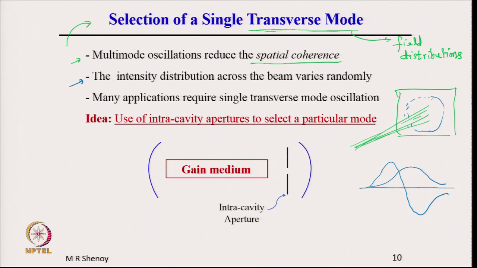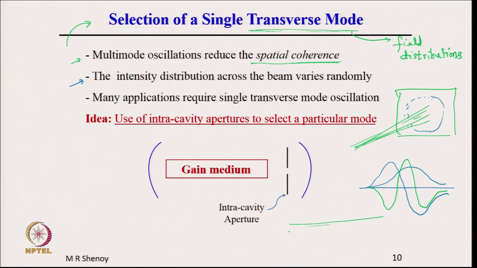You may have a third distribution, which may be like this. So, due to the superposition of these different field variations, the intensity distribution across the beam varies, because all these field distributions are coming into the same beam.